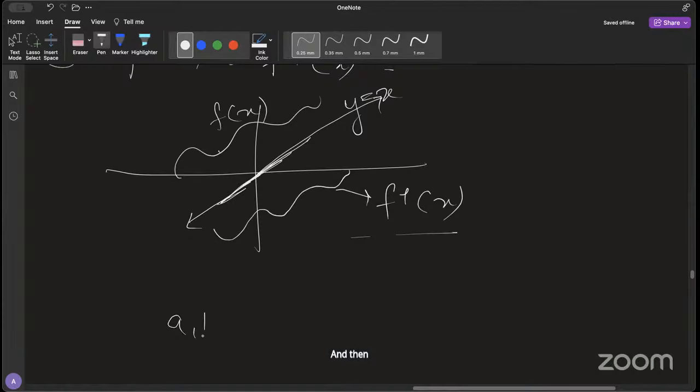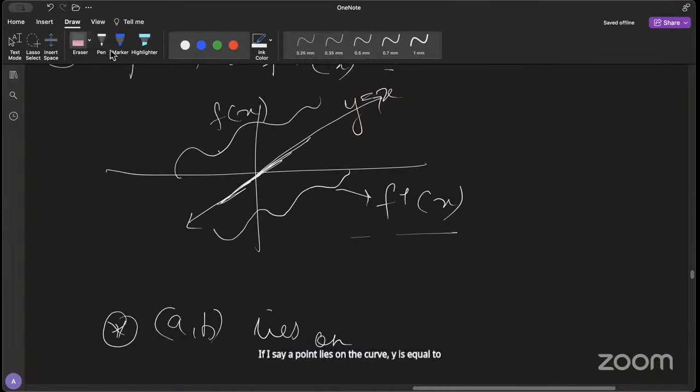And then if (a, b) lies on f(x), if I say a point lies on the curve y equals f(x), what does it mean?